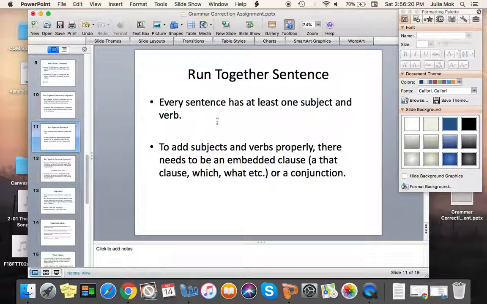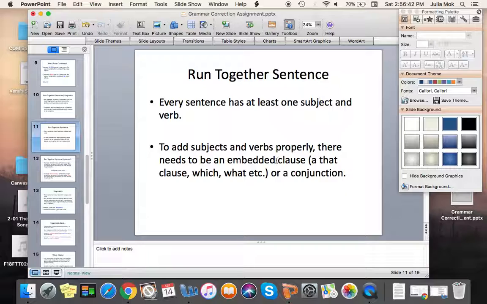The first thing we want to remember about a sentence or run together sentences is that every sentence has at least one subject and one verb. And to add subjects and verbs properly in English, there needs to be one of two things happening.